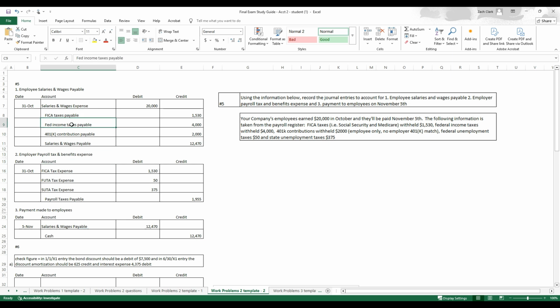Federal income taxes and state income tax, any income taxes you see related to payroll, are going to be payables on the employee side. And then 401k contributions could have a component that's employer-based, but only if the employer is also paying some portion. Otherwise, we're just withholding the employee's money and sending it to the retirement account provider.